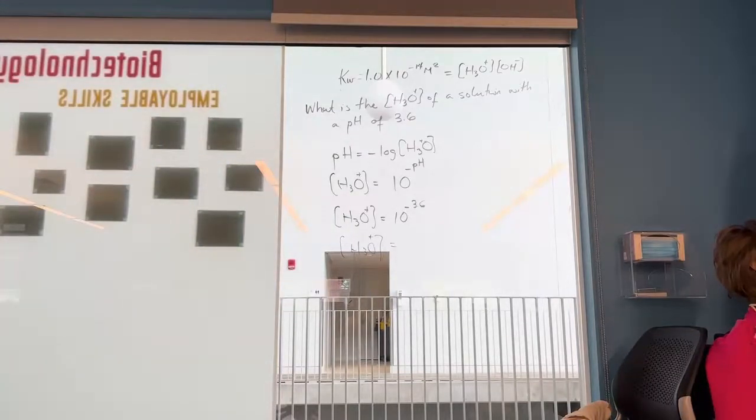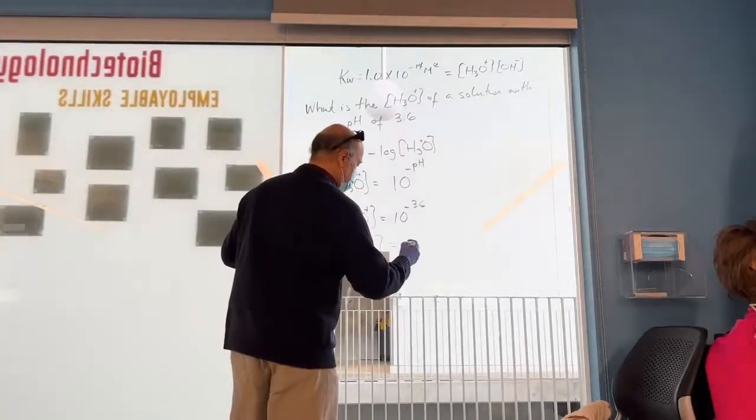Not exactly the same number because we probably rounded. So what did you guys get? 2.5 times 10 to the negative 4. Okay, so we got what we had before.